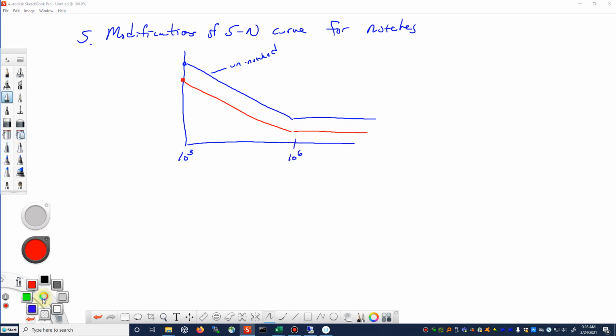We would have an endurance limit stress for our unnotched material to be about here, and our endurance limit for the notched curve would be, strictly speaking, SE over Kf, but we can make an approximation that it's SE over Kt.